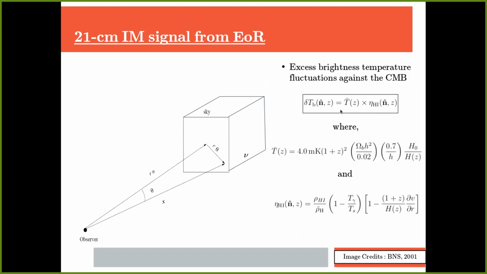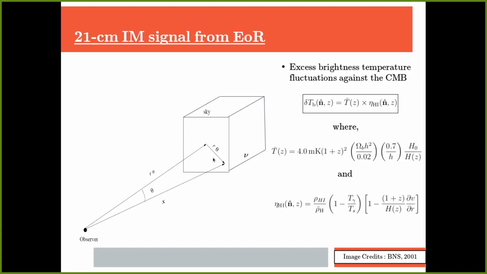One is this T bar, which basically contains these cosmological parameters and is a function of redshift or line of sight distance only. And there is another function, this eta h1, which is known as the 21 centimeter radiation efficiency. So this eta factor evolves not only as a function of the redshift or the line of sight distance, it also captures the spatial fluctuations of the 21 centimeter signal, right?